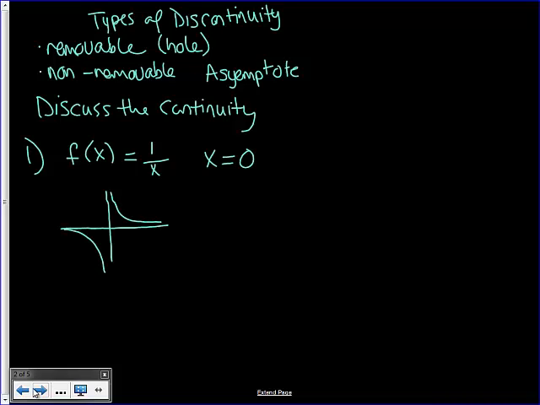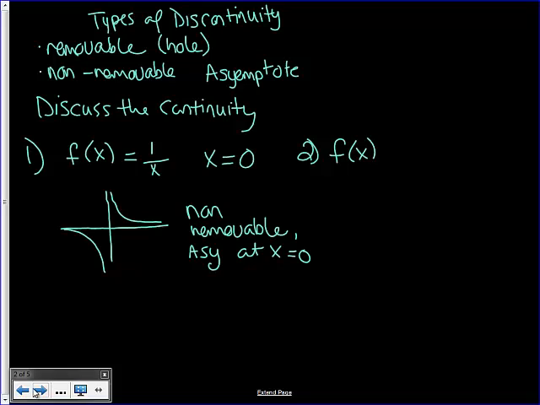So at x equals 0, that is very clearly non-removable. And you have an asymptote at x equals 0.